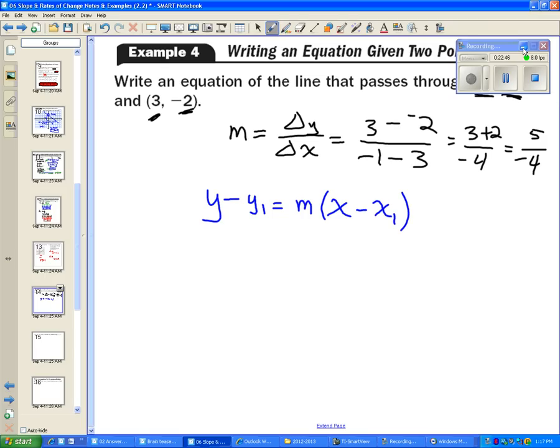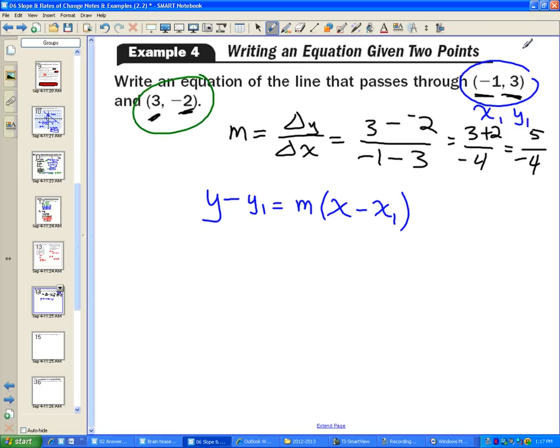Now the question you have to ask is, well, which point do I want to choose? It doesn't matter what x1 and y1 is. I'm going to choose the first one. So this is my x1, this is my y1. I just as easily could have picked this point over here. It does not matter which point I choose. It's going to give me the same equation.